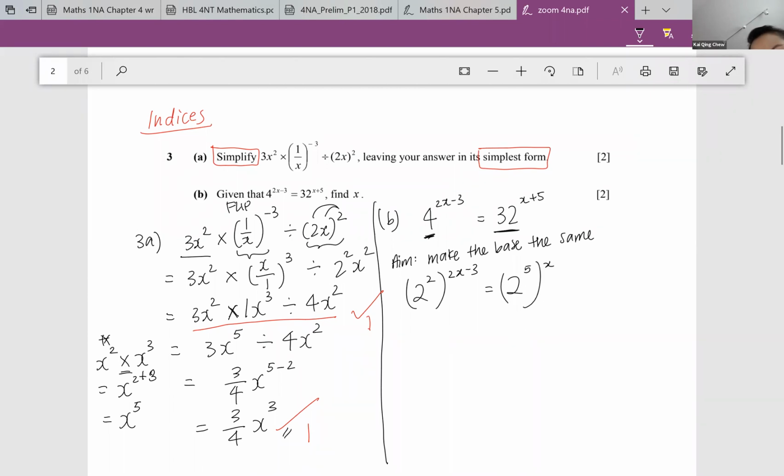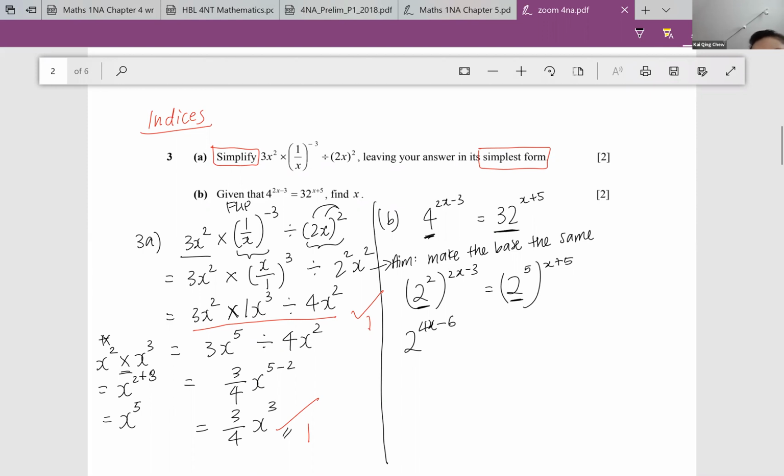To the power of x plus 5. So you see now I achieved my aim, which is making the base the same. See, the base now is the same. Then now I go and simplify the power. So 2 times 2x is 4x, and then 2 times negative 3 is negative 6.